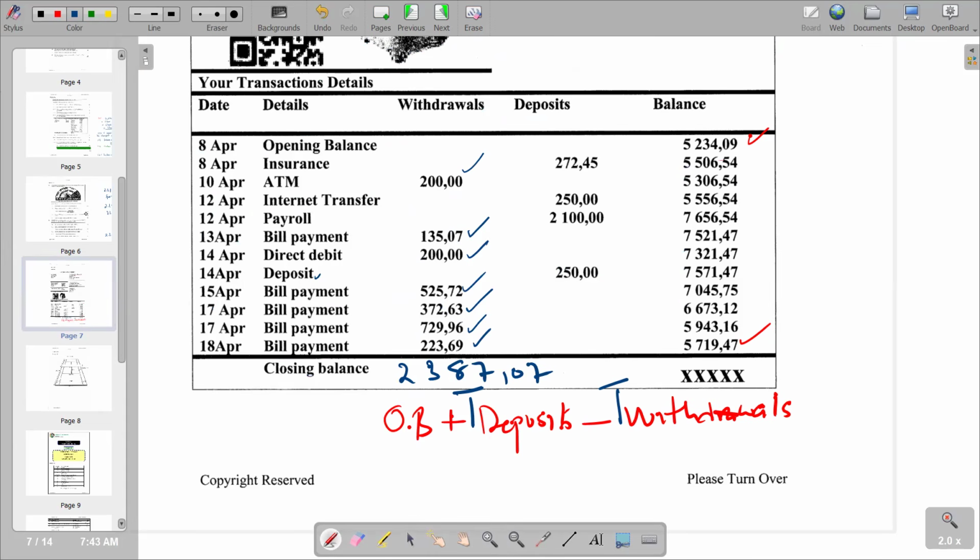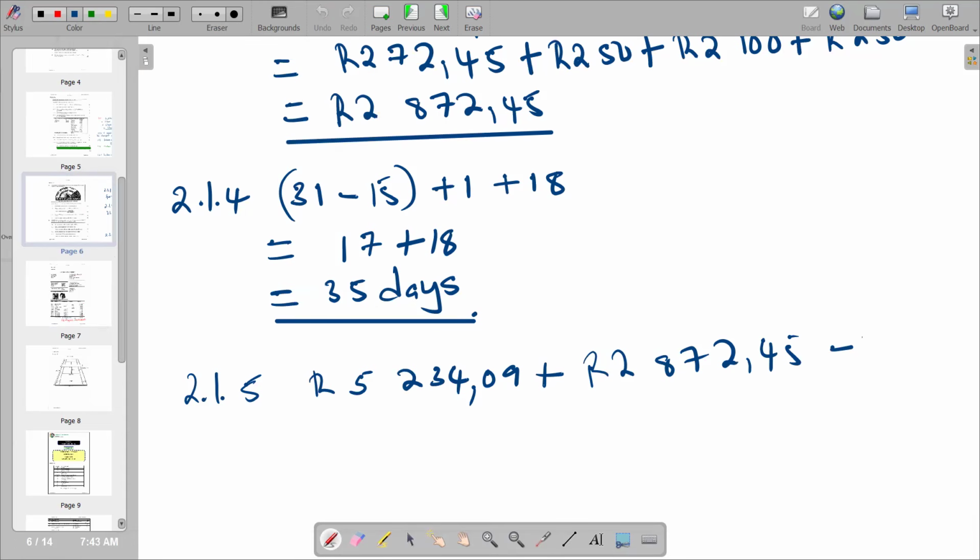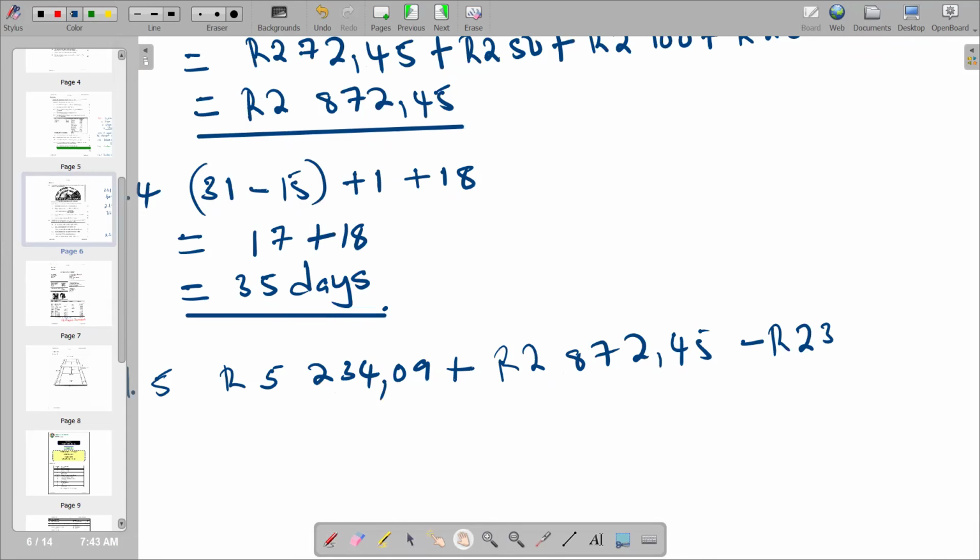So we subtract withdrawals, which is 2,387 rands 7 cents.